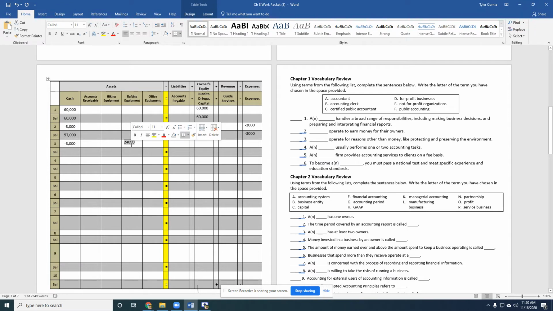I skipped one. My eyes playing tricks on me, right? But either way, it doesn't change. We're buying equipment, so minus 3,000 plus 3,000. So in this situation, now I have 54,000, 3,000 here. Again, I'm just carrying down all these numbers because that's my balance in each of these accounts.